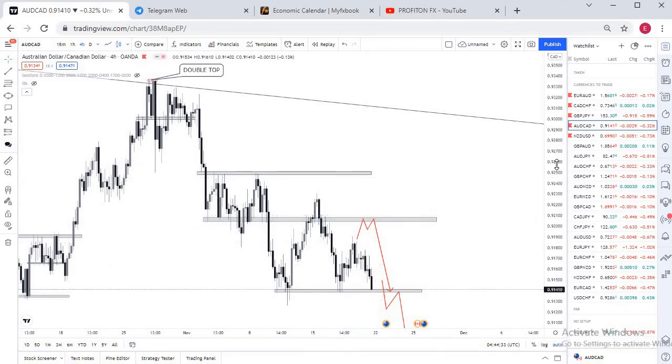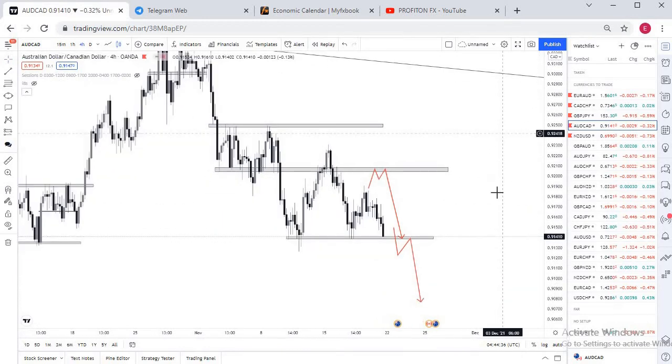Now with this in mind, I'll be looking for a possible break and retest off of this level here. This level has had 2 previous touches. We are currently on the 3rd touch. If price is able to break, I'll be looking for a retest, and again when it breaks, I would like a clear break, not a break with a weak rejection.